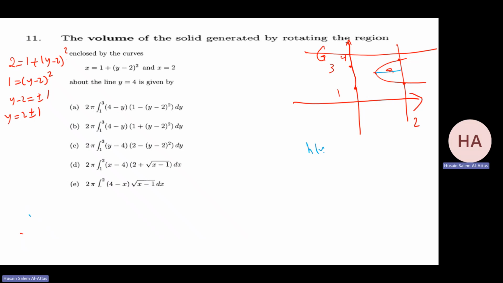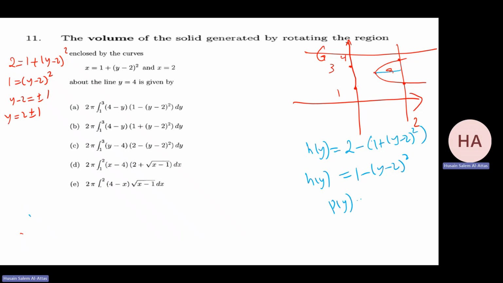So h of y will be what? 2 minus the function, plus, sorry, 1 minus (1 minus 2) squared. That will be h of y.